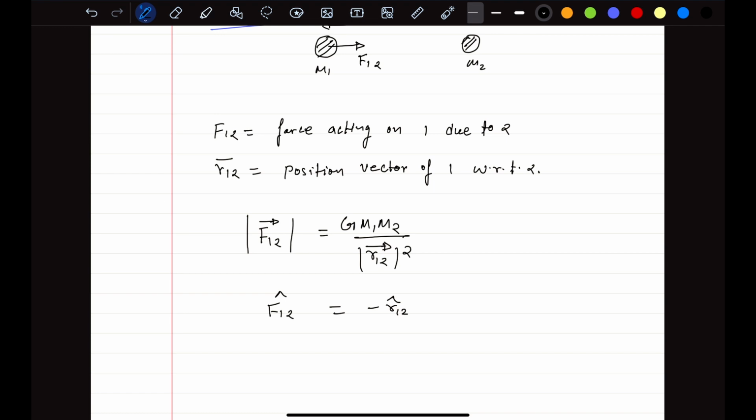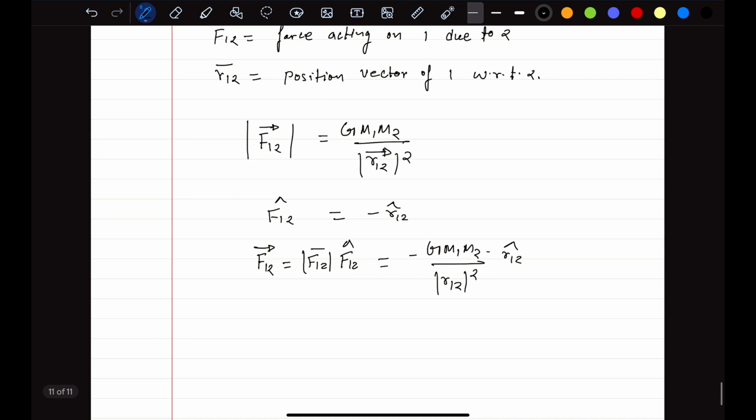So I can say that F12 vector, which is F12 magnitude multiplied by F12 cap, is equal to minus G m1 m2 divided by R12 magnitude square multiplied by R12 cap. This is the F12 in vector format, right?